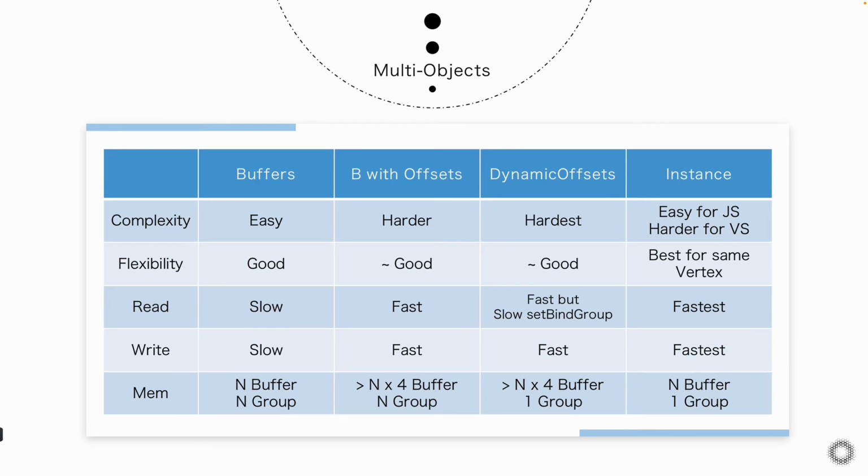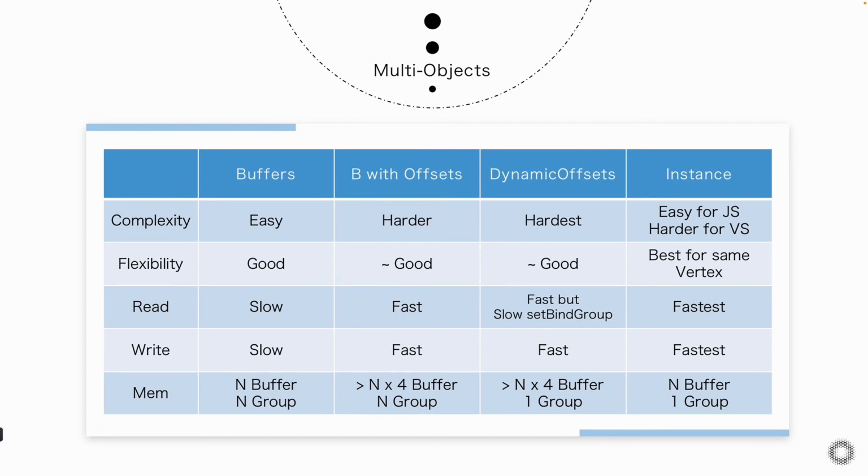For a 4x4 matrix, we actually use 4 times the memory, and for a 1x4 color data, we'll consume 16 times the memory capacity. And in the dynamic offset method, we only need to create one group, so this part of the cost is fine. For the instance method, it is the most efficient in terms of memory, both on the buffer and the group.